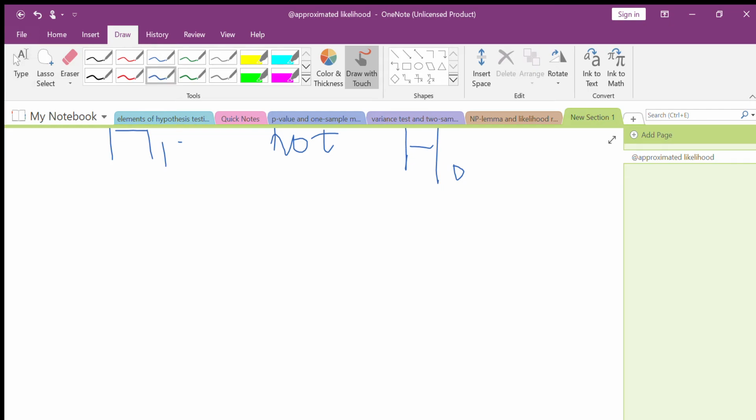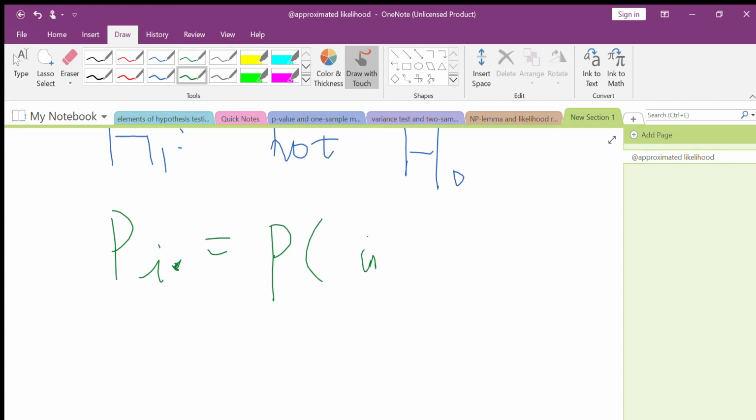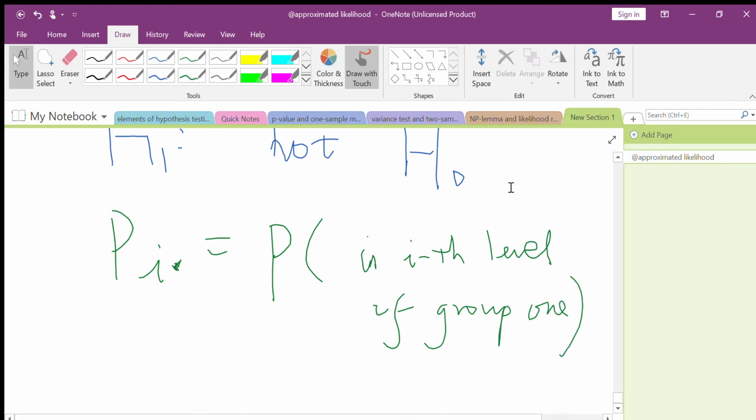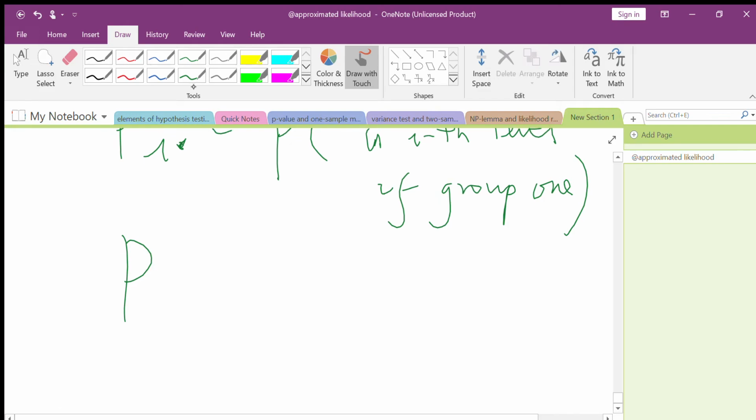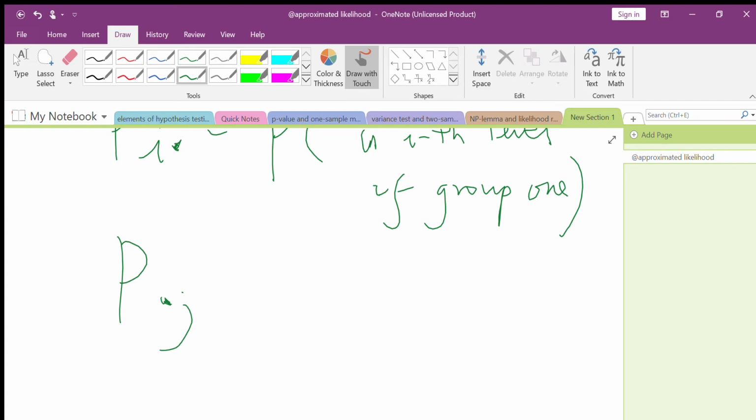Let's further introduce some notation. pi dot is the probability in the ith level of group 1, and p dot j is the probability in the jth level of group 2.